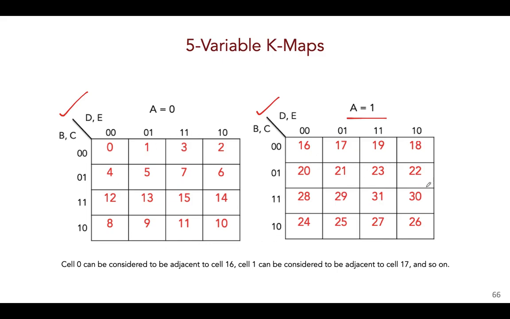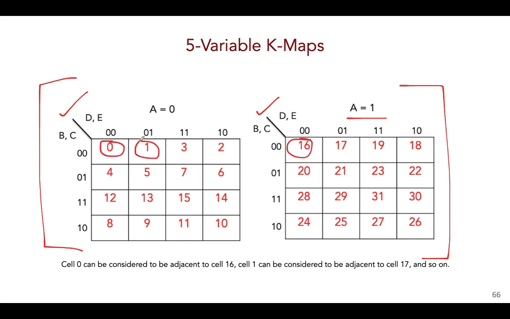Now, this together represents a single 5 variable K-map for variables A, B, C, D, E. In this case, cell 0 is considered to be adjacent to cell 16, 1 is adjacent to 17, 3 is adjacent to 19, and so on.